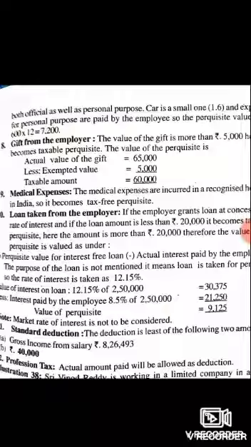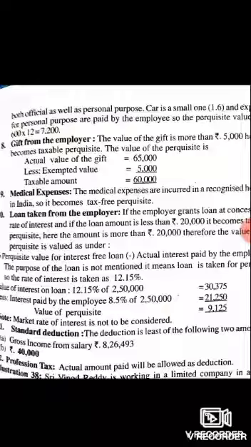Gift from the employer up to 5,000 only is exempted, so the unexempted amount is 60,000, hence taxable perquisite. And medical expenses incurred in a recognized hospital in India become tax free perquisites. If the medical expenses are in an unrecognized hospital, they are not treated as tax free perquisites.